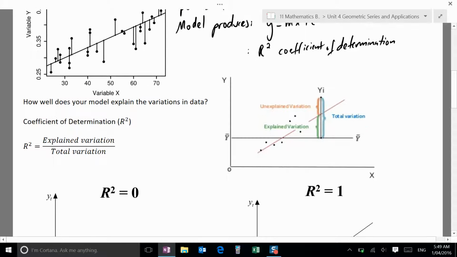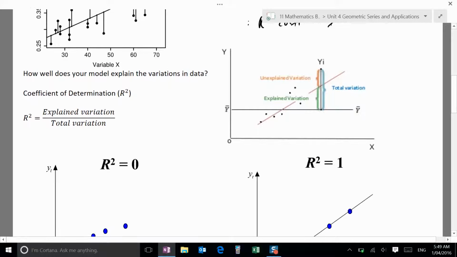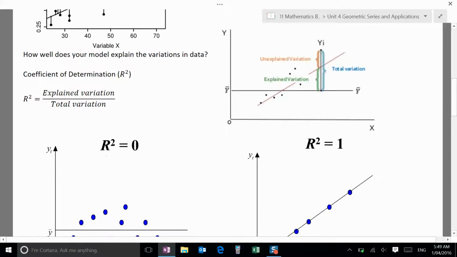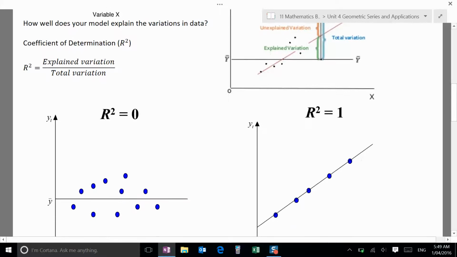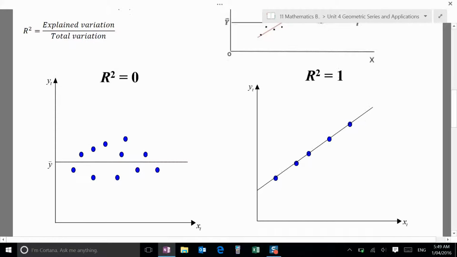The formal definition of R-squared is the explained variation divided by the total variation. So we can look at the best case and worst case scenarios. In the worst case, we've got these data points with lots of variation between them.